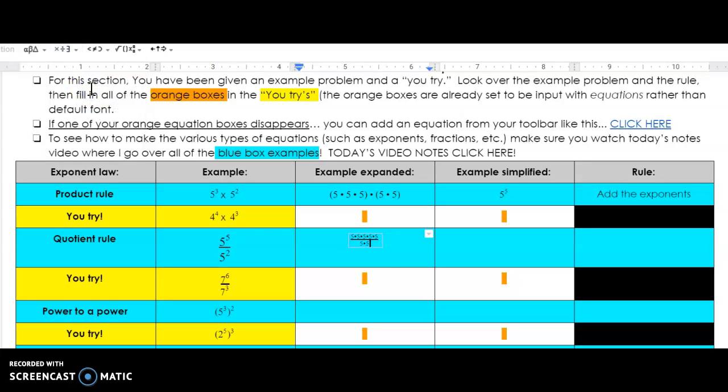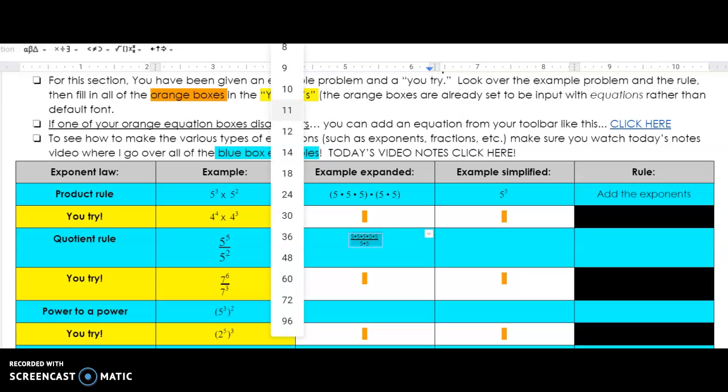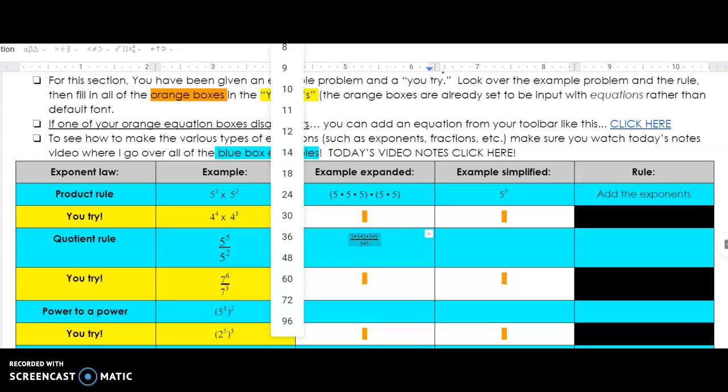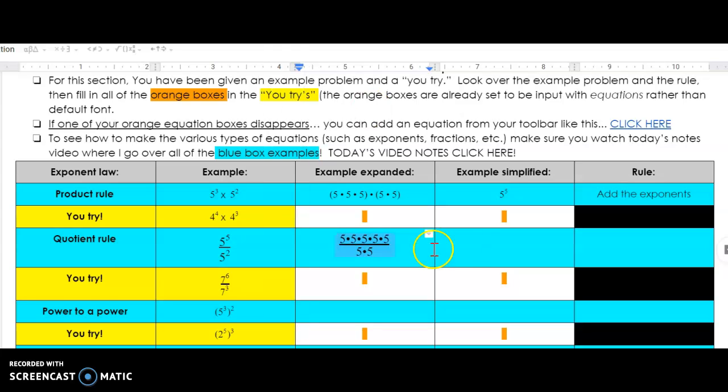Okay, first I'm going to make that font a little bigger so that everybody can see. I think I need to highlight the whole box. There we go. Okay, so I wish that this was more aligned, but basically we know any number over itself is 1.